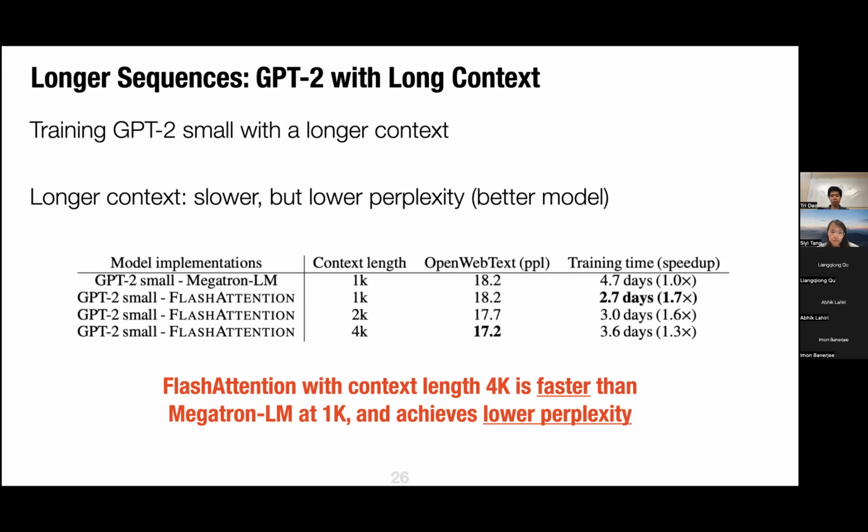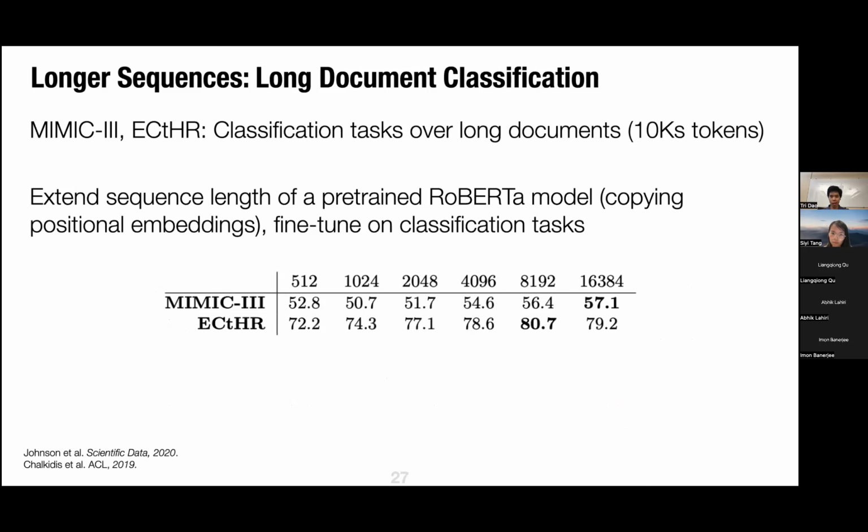So this stuff actually works. So one, longer context leads to better language models. The second one is a classification model. This is a classification task where you have a bunch of long documents. These are either physician notes, that's MIMIC, and then the second one is a legal reasoning task.